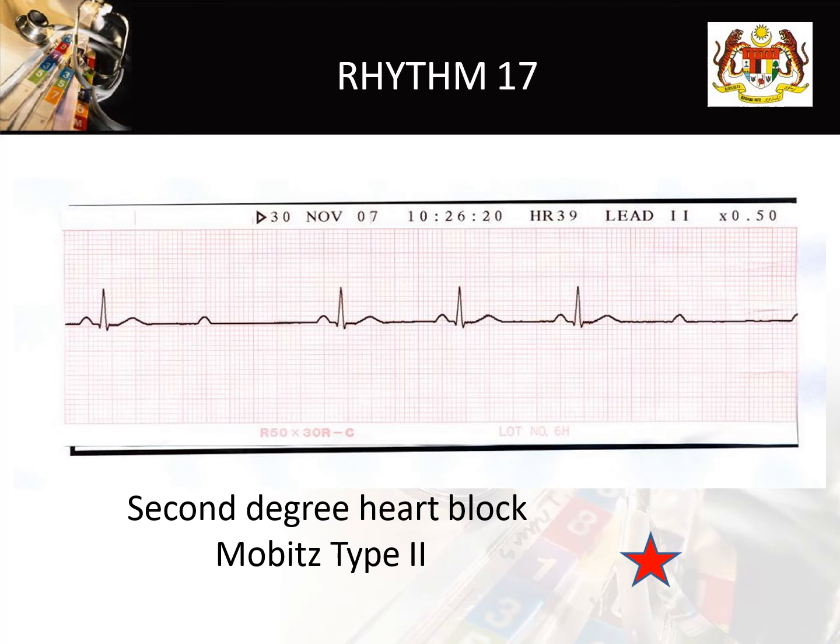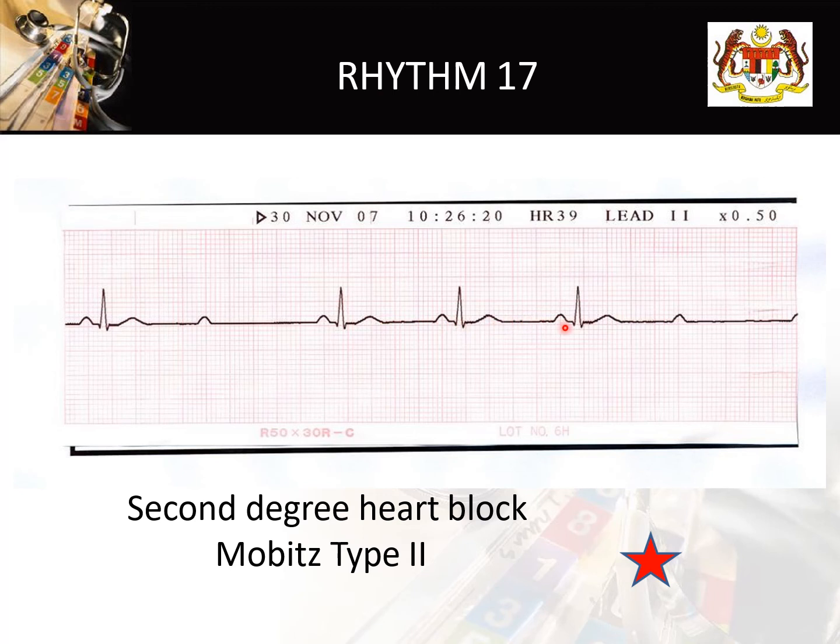Okay, the next rhythm is second degree heart block Mobitz Type 2. Compared to Mobitz Type 1, in Mobitz Type 2 the PR interval can be normal, that means less than 5 small boxes.